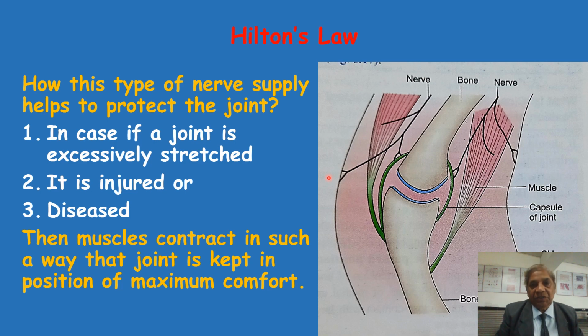So this is the utility of Hilton's law. This is an important law, not only because it is helpful in understanding the clinical condition, but also because it is mostly asked as a short note.